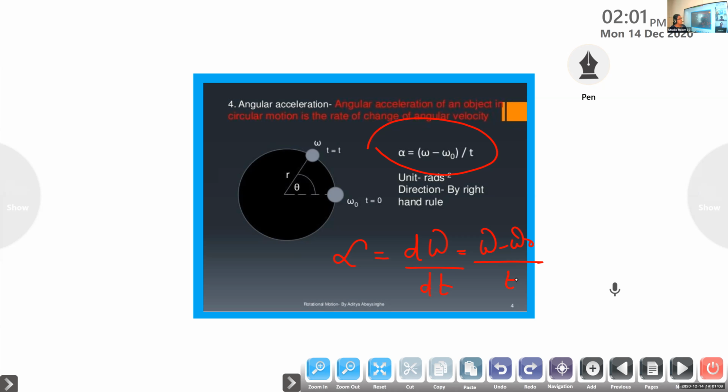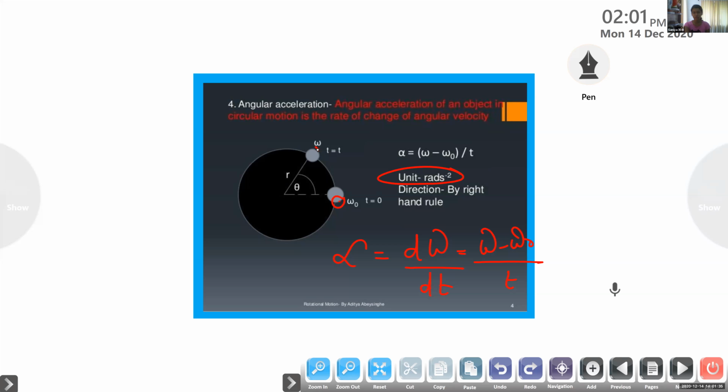In linear motion it is v minus v0, but here it is omega minus omega 0. And the unit is radian per second square. In linear motion it is meter per second square, here it is radian per second square. That means the velocity changes from time t equal to 0 to time t. That's it. So you have already learned alpha.